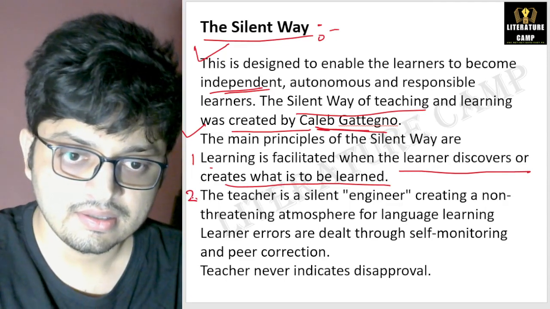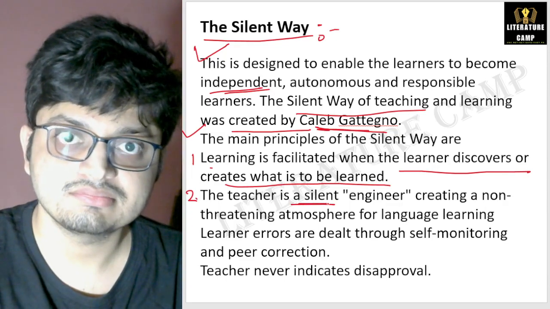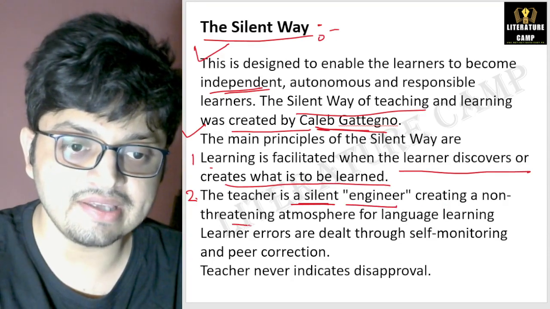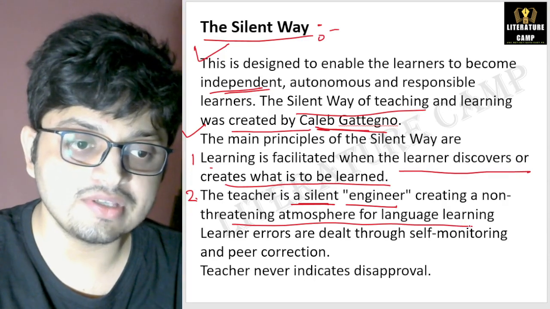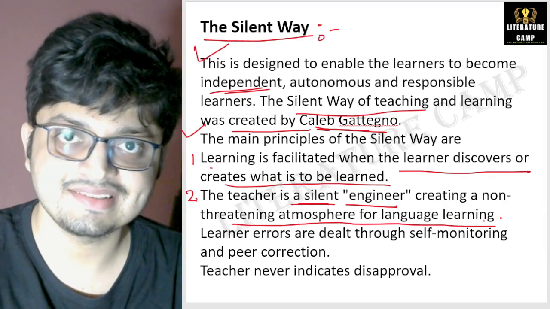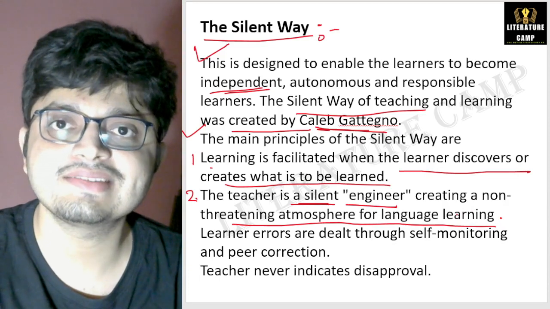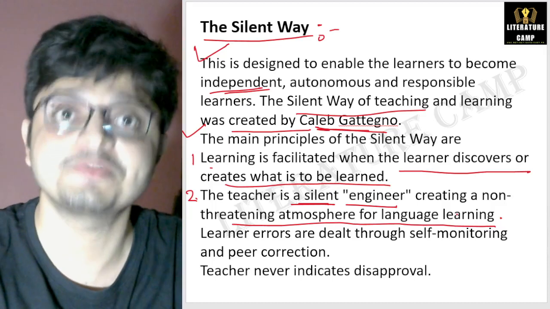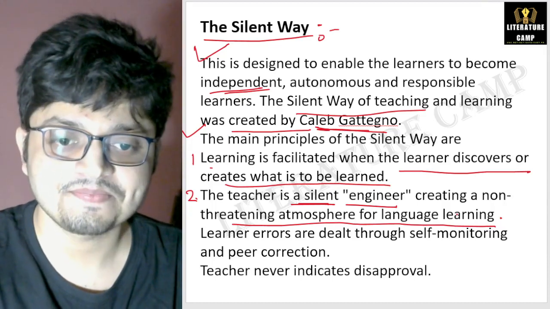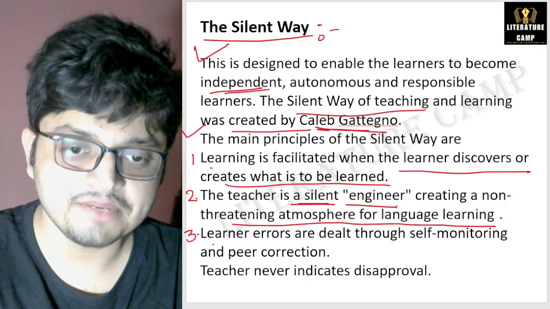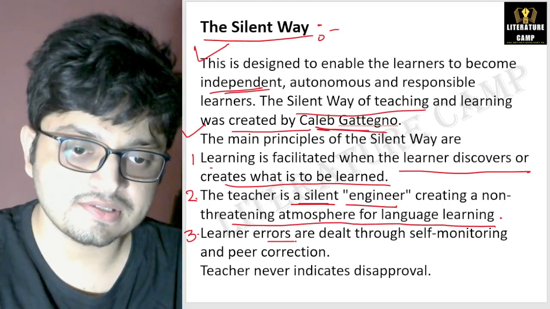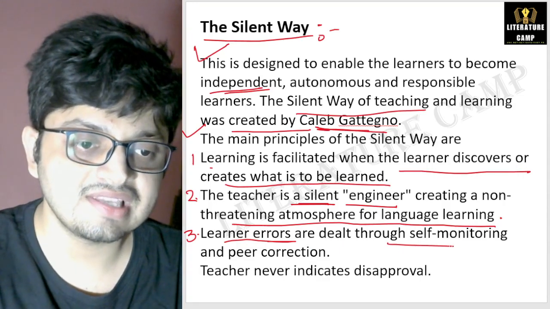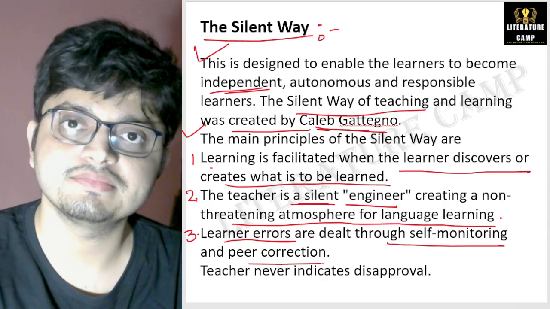Secondly, the teacher is silent here, a silent engineer, creating a non-threatening atmosphere for language learning, right? This is very much interesting. Thirdly, point number 3, learner errors are dealt with through self-monitoring and peer correction.